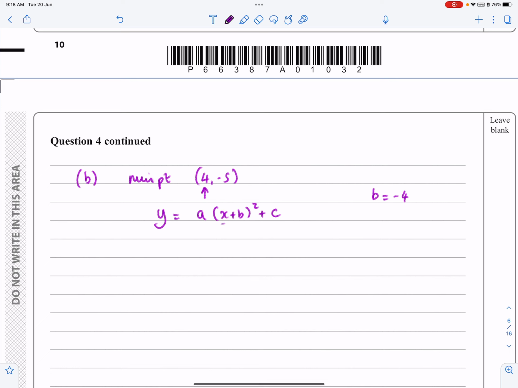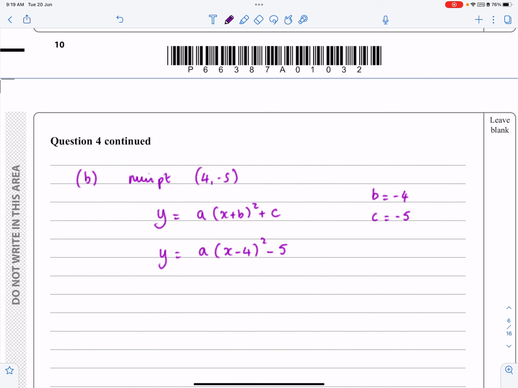If b is minus 4, that all disappears, and so I get 0 for that bit, which would mean I would get just c. So c is my minus 5 part. If you've done any work on completing the square, that shouldn't be a surprise to you at all. Straight away, I don't know what the a is going to be, but I know this has to happen at minus 4, and I know it's going to leave me a value of minus 5 in there.